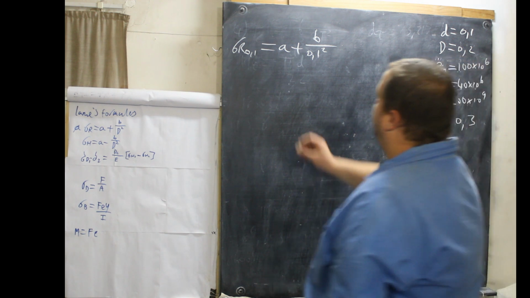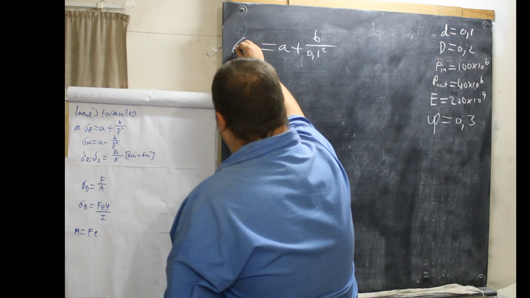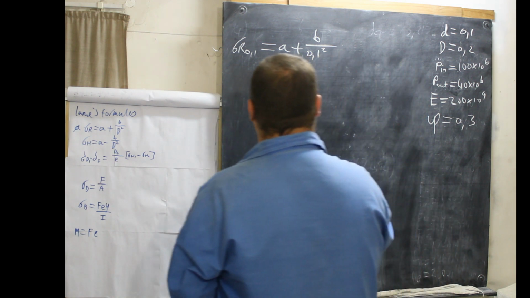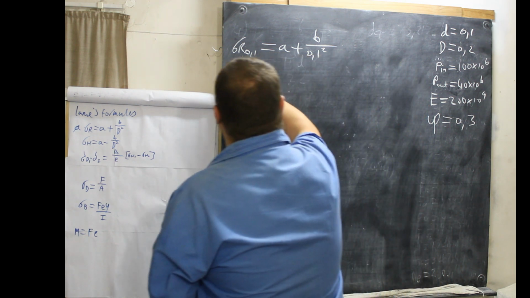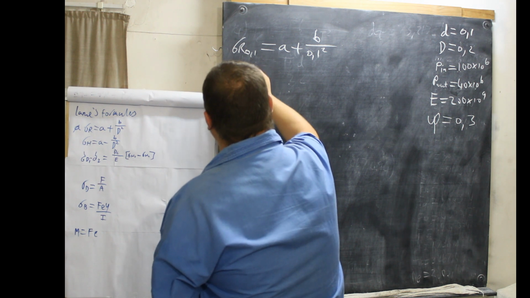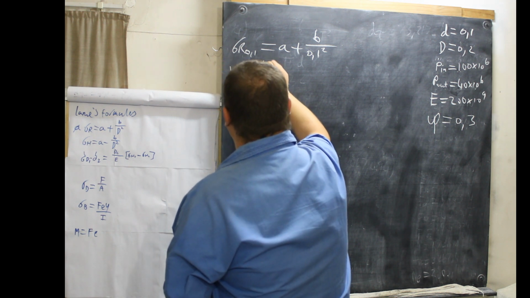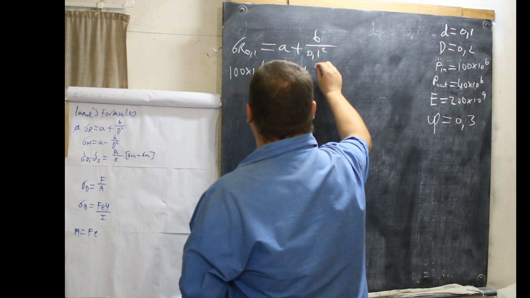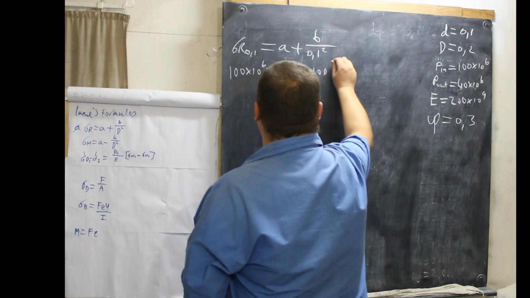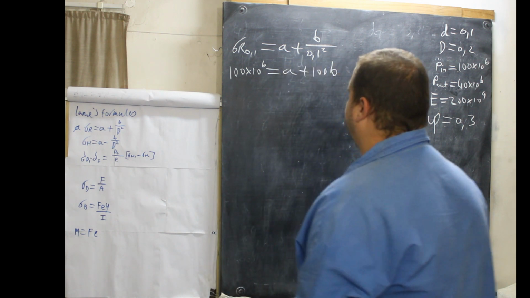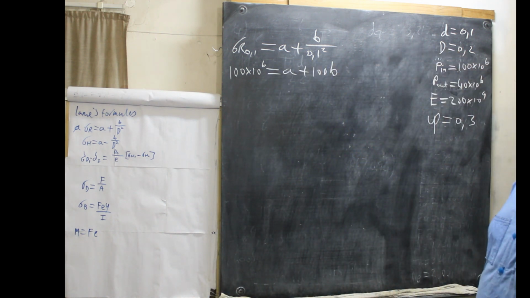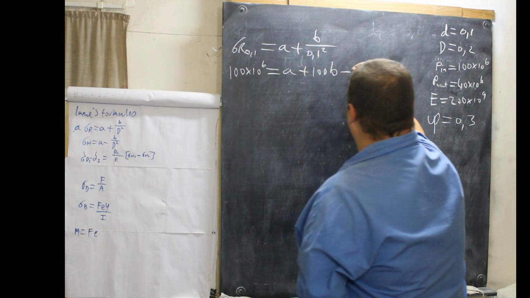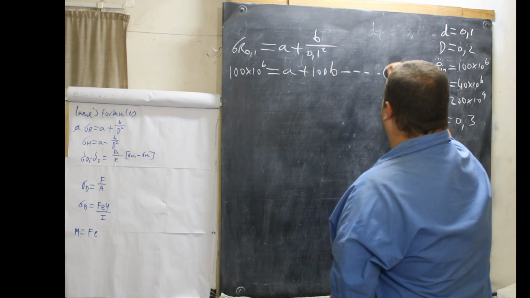Now the radial stress at 0,1 is equal to 100 times 10 to the 6, which equals A plus 100B. That's how this one works. So this is equation 1.